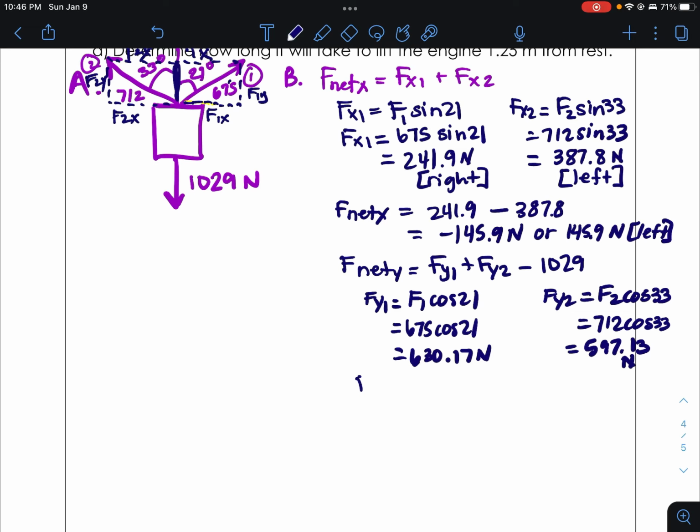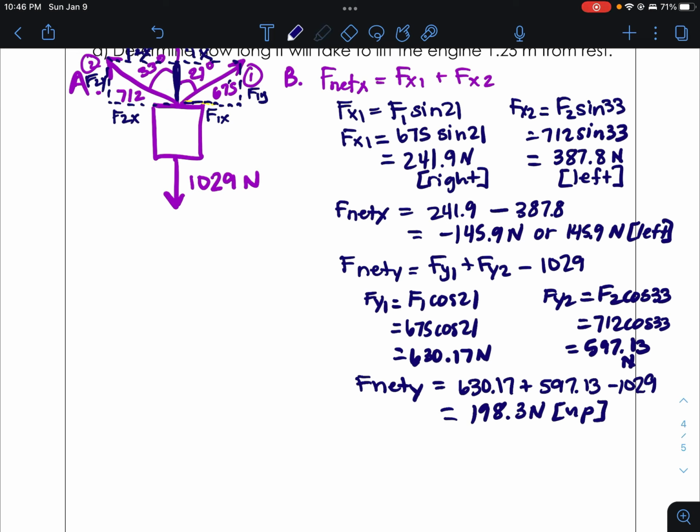So we have our F net y equals 630.17 plus 597.13 minus 1029. Equals 198.3 newtons, and we are up.